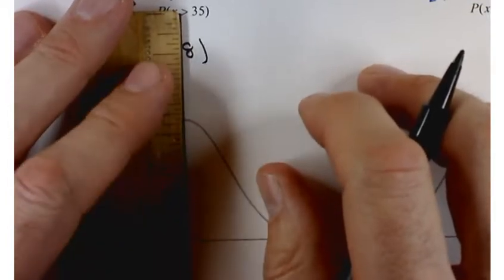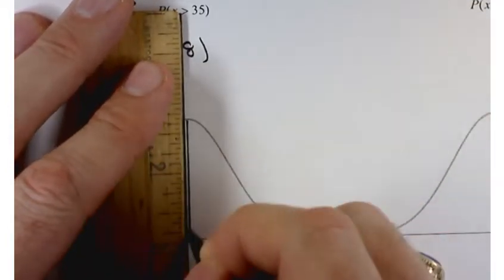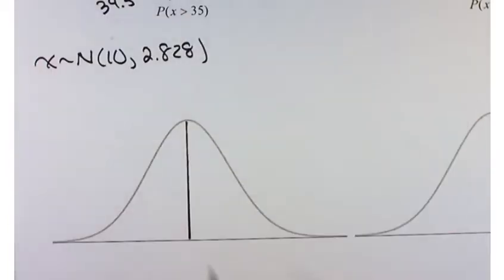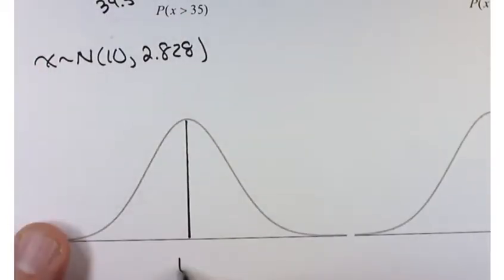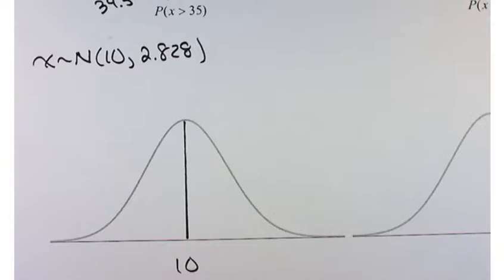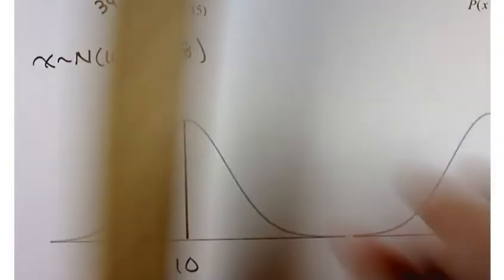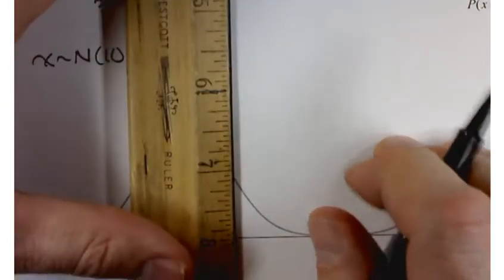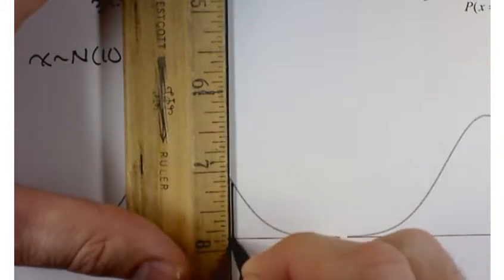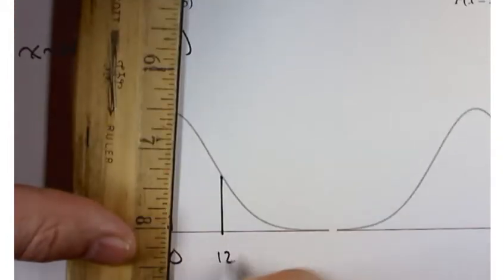Connor, what should I label this line with down here? 10. Yeah, 10. And we're trying to find the probability that x equals 12, which is out here. 12.